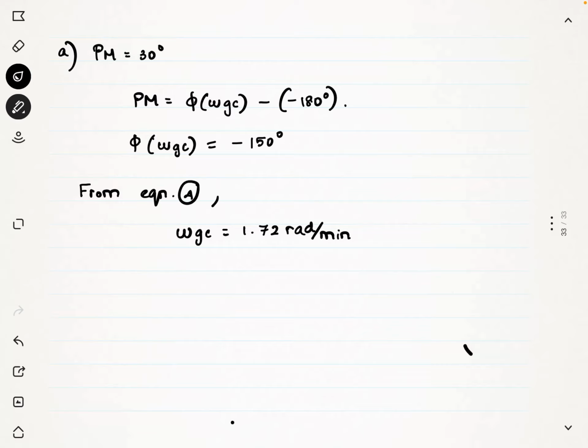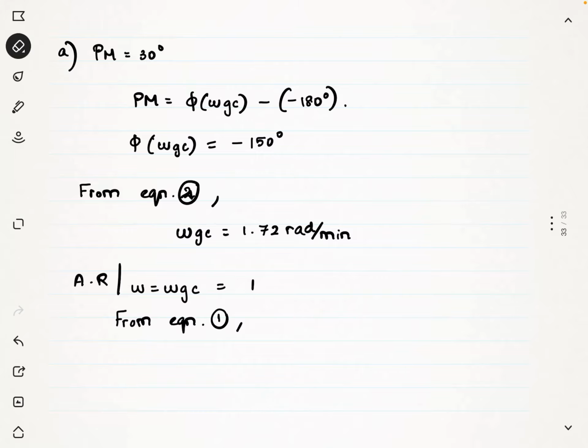And then we know that the amplitude ratio at omega equal to omega GC is equal to 1. So we substitute omega equal to 1.72 radians per minute in equation 1.